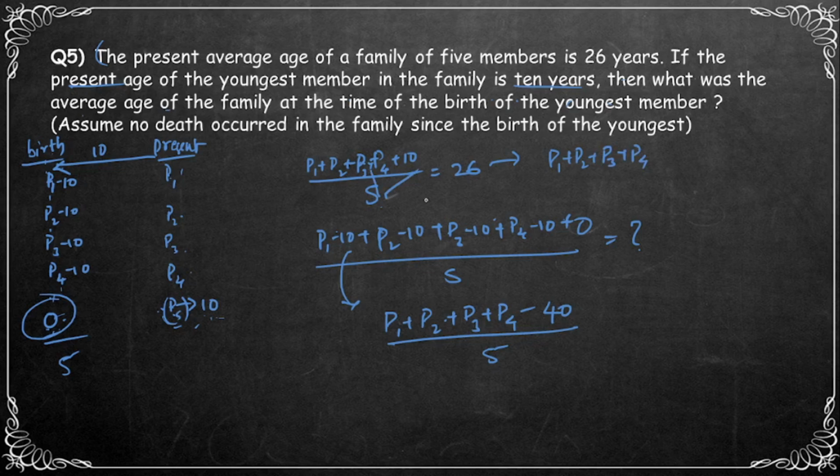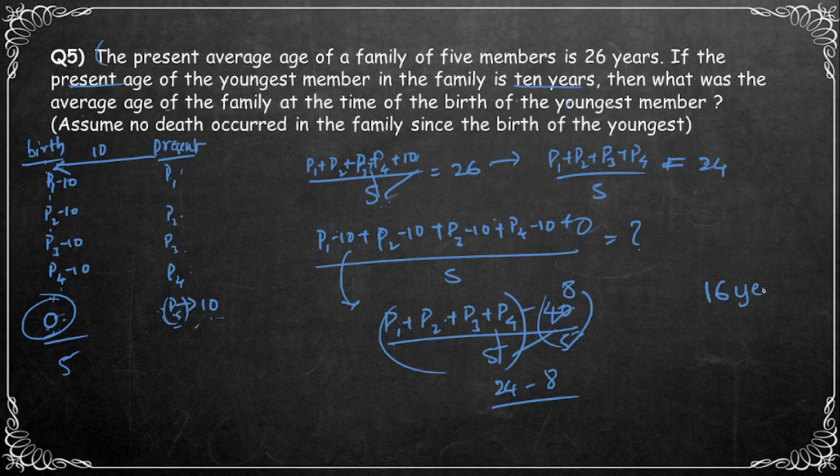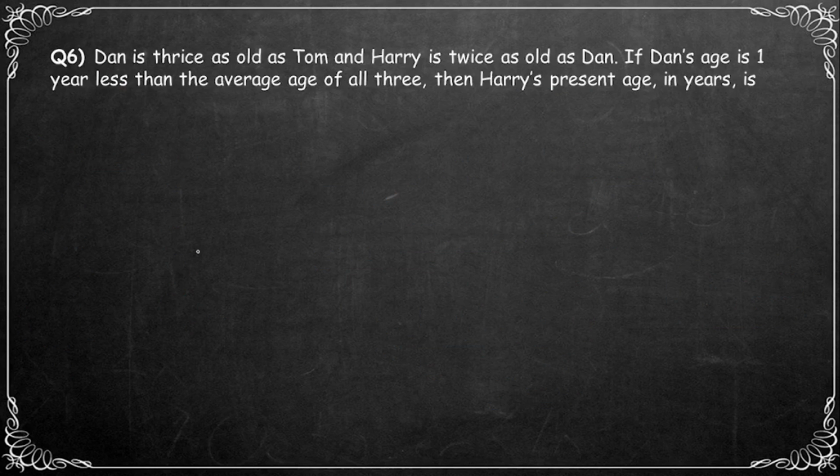Divided by 5, it goes to each term. So 10 by 5 is 2, and that part is 24. Similarly, 40 divided by 5 is 8, so 24 minus 8 is 16. The answer is 16 years. The average age of the family at the time of birth of the youngest member is 16 years.